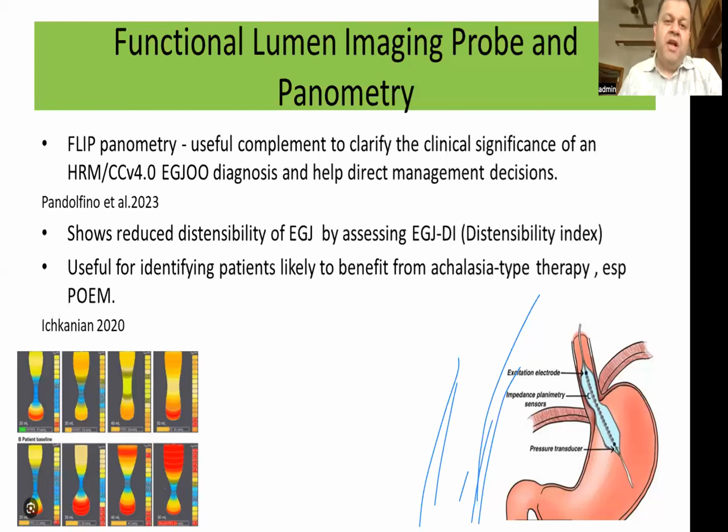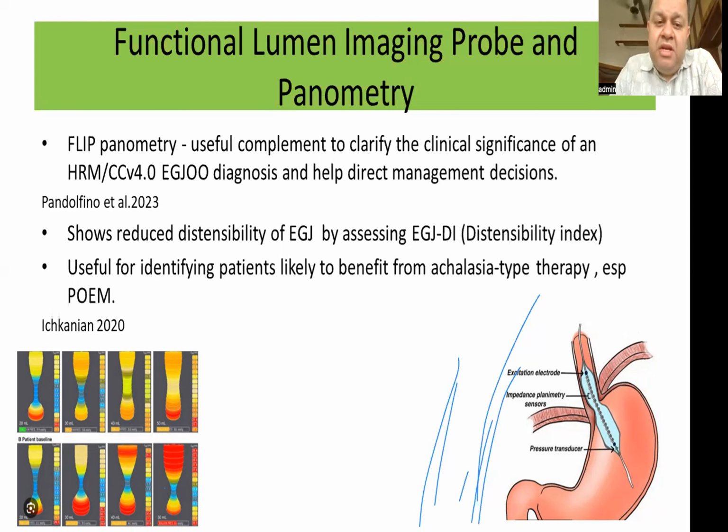Now, FLIP or functional lumen imaging probe and panometry is an important test that is being used in the West. It acts as a useful complement to clarify the clinical significance of diagnosis of EGJ outflow obstruction based on esophageal high resolution manometry. So usually we measure something known as an EGJ-DI or distensibility index using FLIP probe.